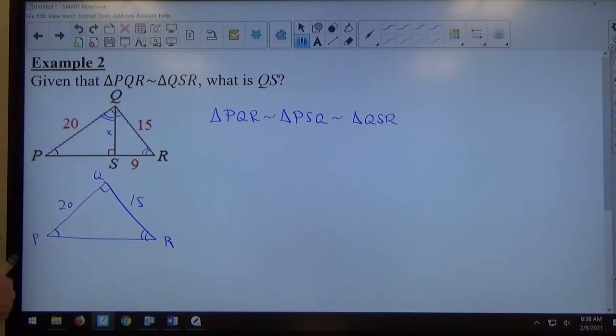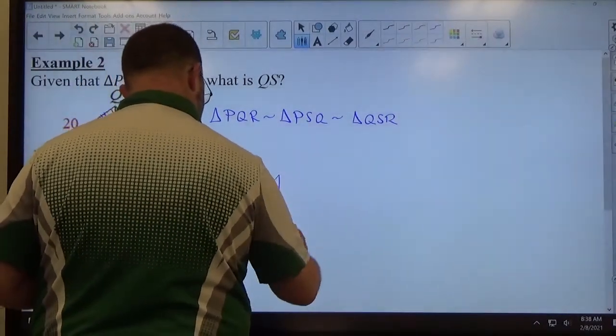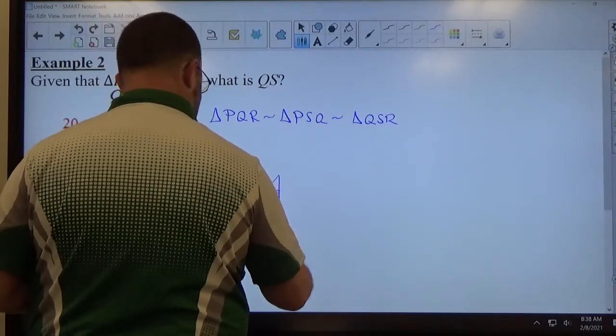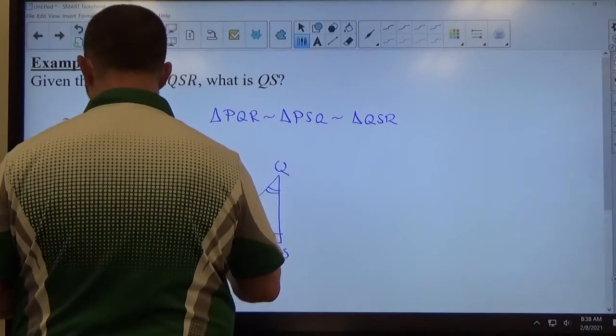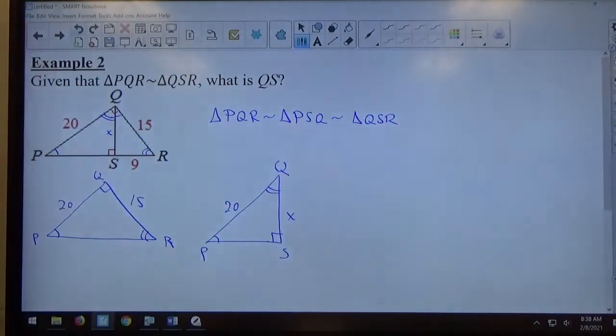And then if I look at PQS, P is 1 mark, Q is 2 marks, S is the right angle, this is Q, this is S, this is P. 20 is here, and that's X. I'm not going to draw the other one yet. Take a look at what I know here.